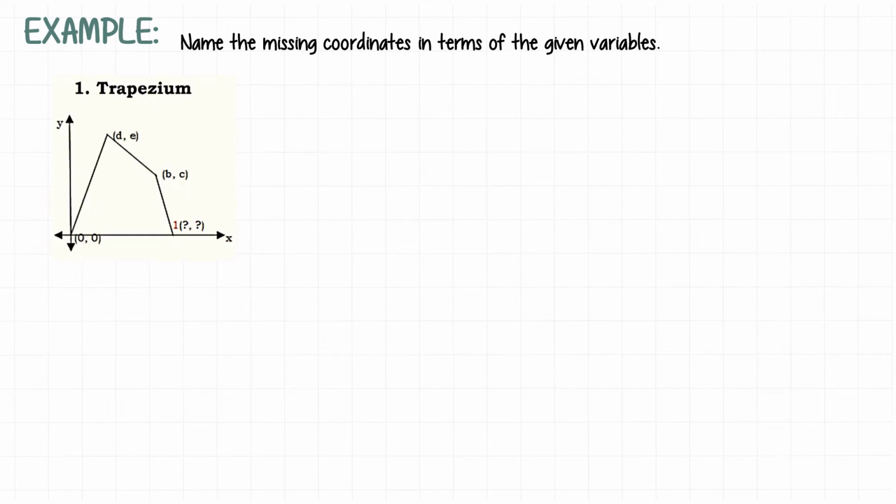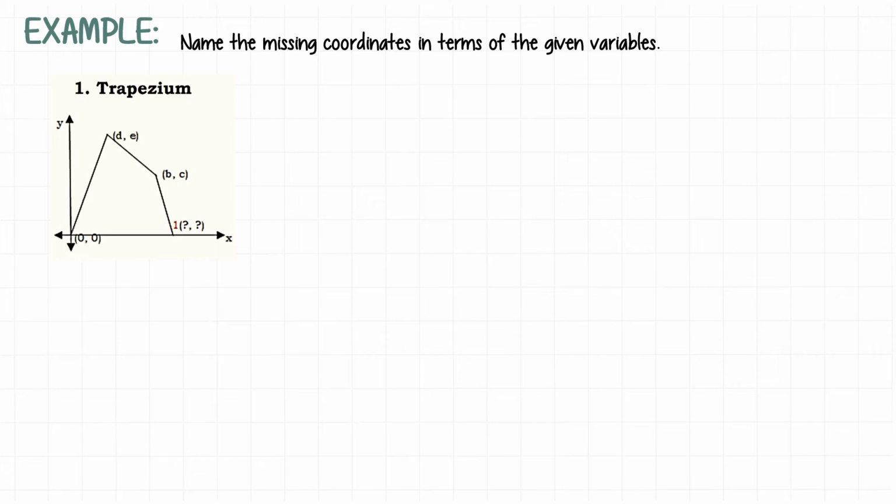This is a trapezium or polygon na walang equal sides. Walang congruent sides, rather. So, meron tayong missing yung 1. Ito. Nawawala ang coordinates nito. Ano kaya?